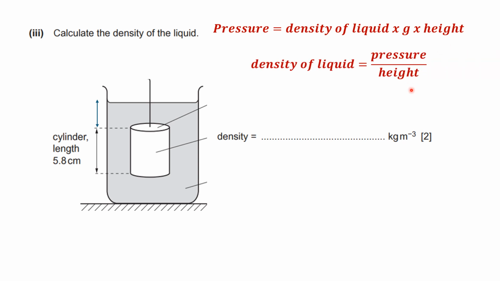We have pressure over g times height. The net pressure difference on the cylinder is 500 pascals, and the height is the length of the cylinder, 0.058 meter, which gives us 879 kilograms per cubic meter.